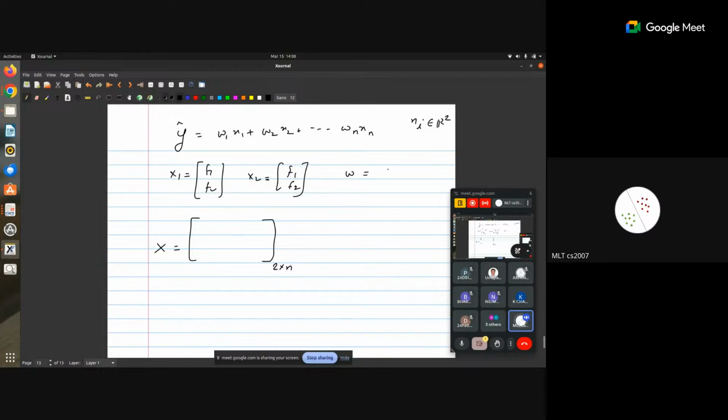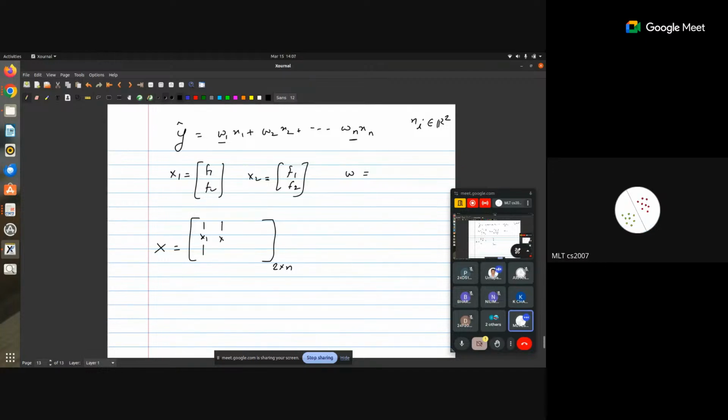And how is your w vector? What is the dimension of the w vector? Basically it is n, right? N values you should have, right? Is this x1?